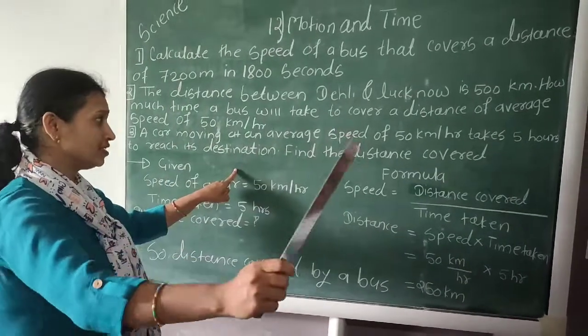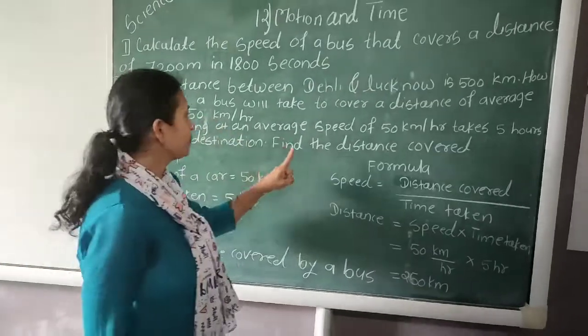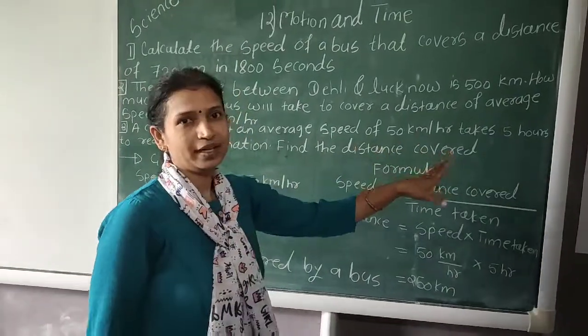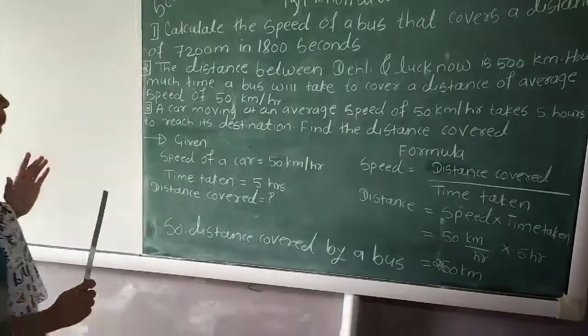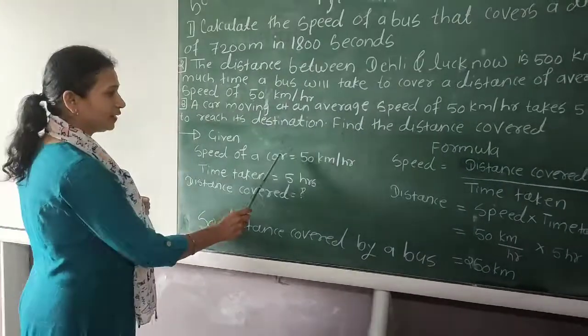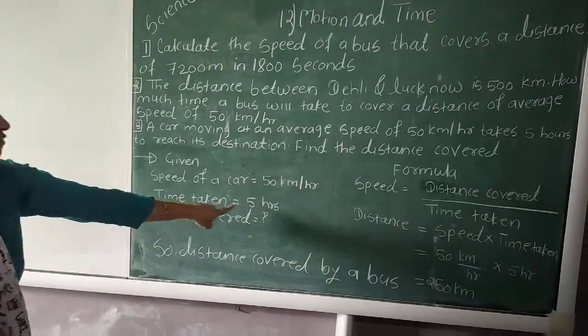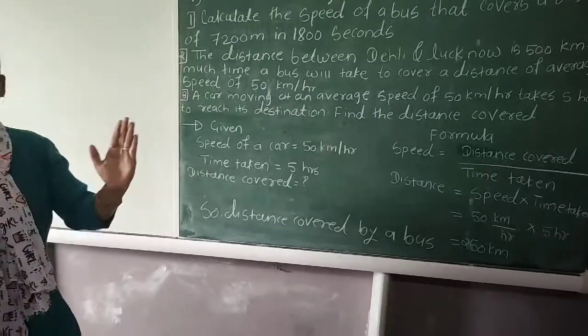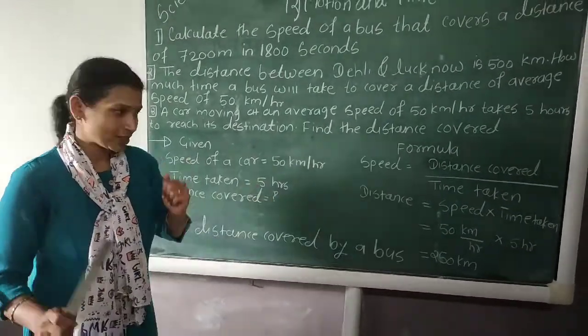So it reached its destination, and how much time has it taken? 5 hours. Find the distance covered. Now we have to find out the distance. We know the given speed of the car is 50 km per hour, time taken is 5 hours. Now what we are supposed to find out? Distance covered. How much distance was covered?